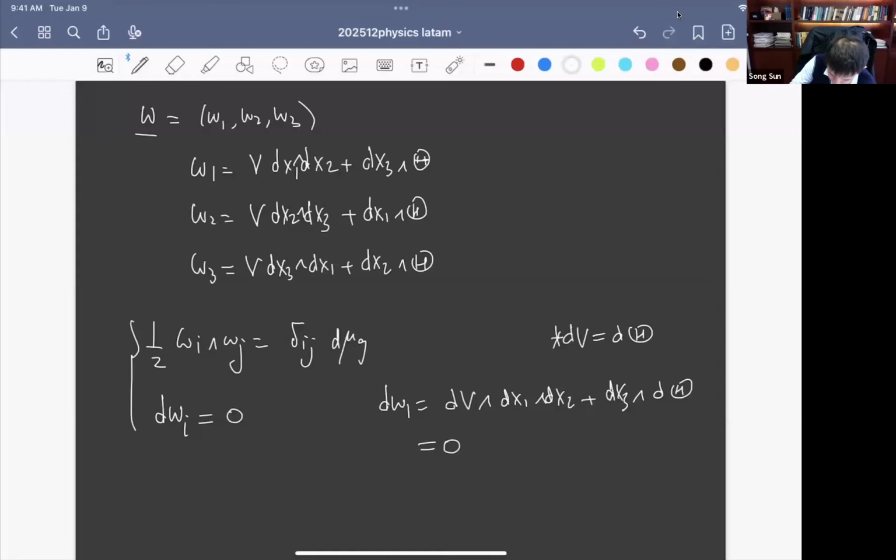this metric, this omega 1, omega 2, omega 3, they are self-dual because you can compute the star of omega I equals omega, self-dual.